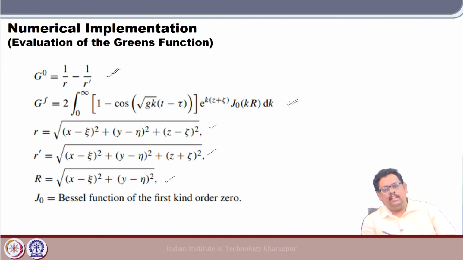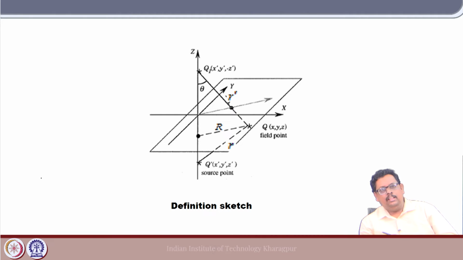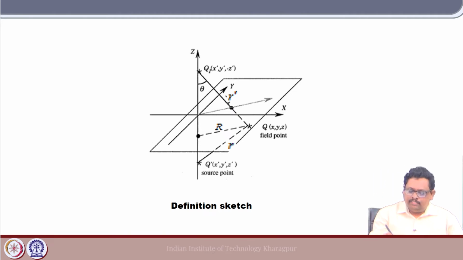Let me show it in a graphical manner, I mean it is better to see it graphically. Now, suppose this is a point, a source point P, and let us take this is another point, the field point, let us say q, and here it is called the field point.